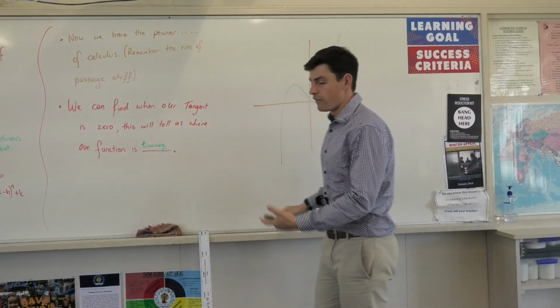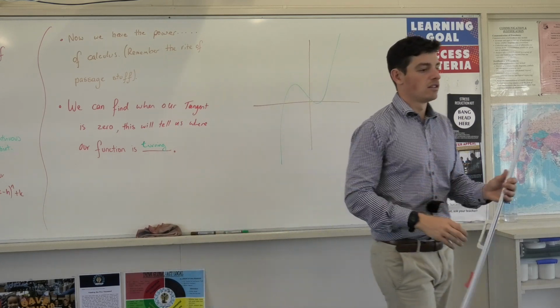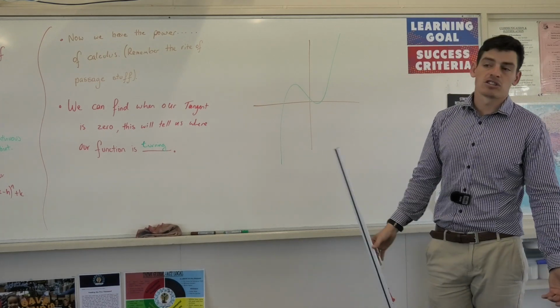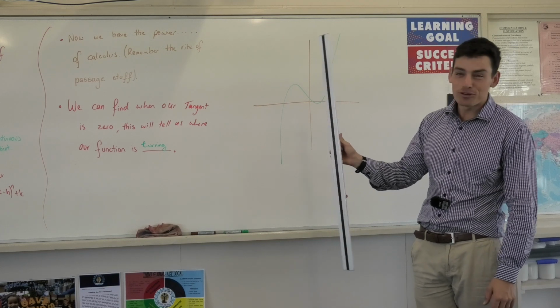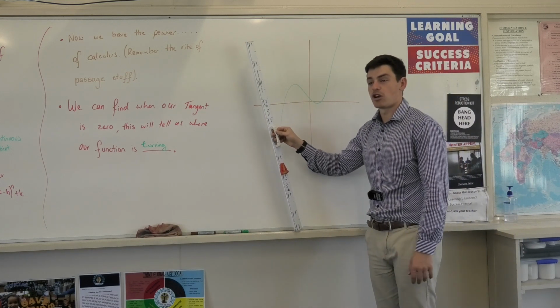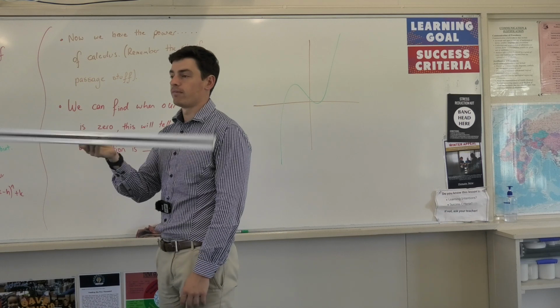So, with your function, whatever it is, I don't care what it is, but providing it's one of those polynomial styles, what do you think I'm going to ask you to do now? I've got a ruler in my hand. Progress the tangent as we go around. Now tell me what a line that has a gradient of 0 looks like. Straight.